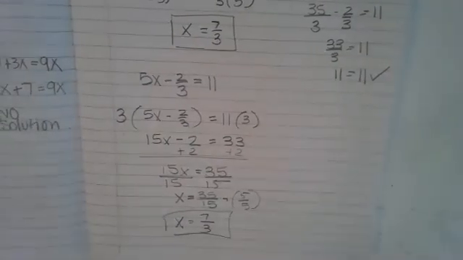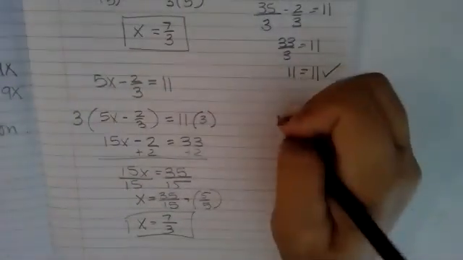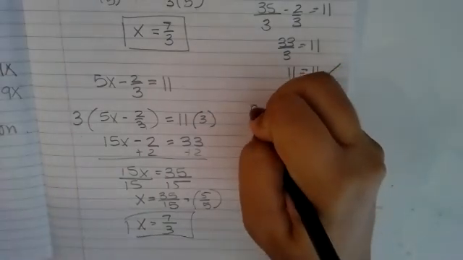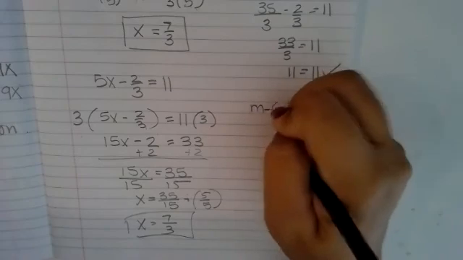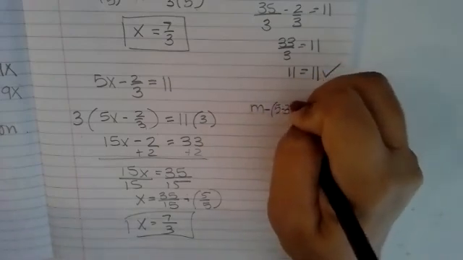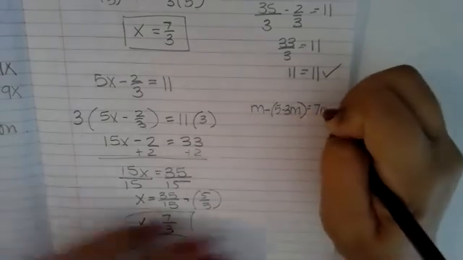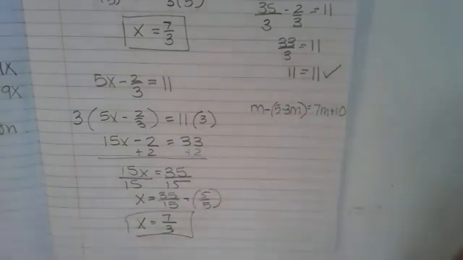I'm going to squeeze it in on here. So I have m minus 5 minus 3m is equal to 7m plus 10.